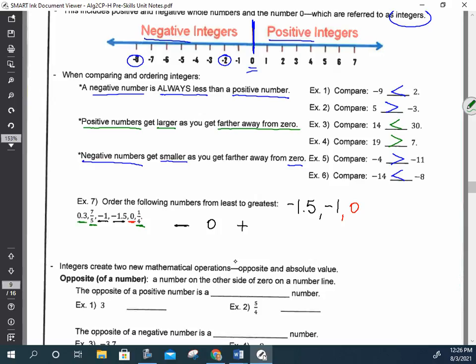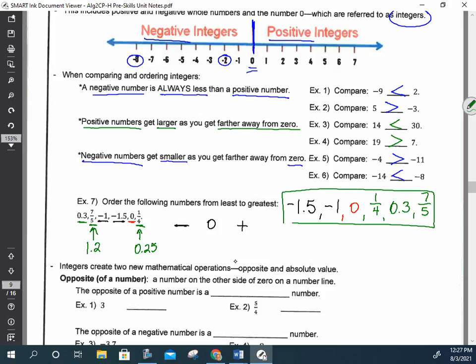So we would put those 3 numbers in order from least to greatest. So if it helps for you to write these as decimals, that's okay. 1/4 is the same thing as 0.25. 7/5 is the same thing as 1.2. So looking at it from that aspect, the next number would be 1/4, followed by 0.3, and then followed by 7/5.